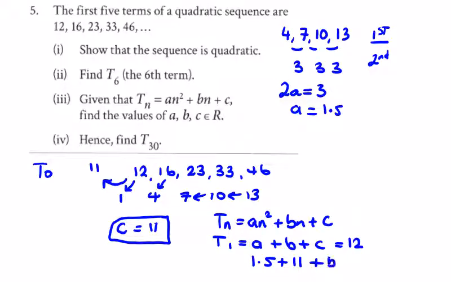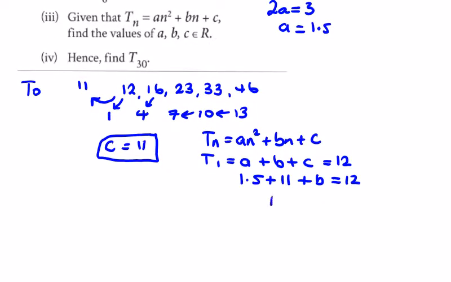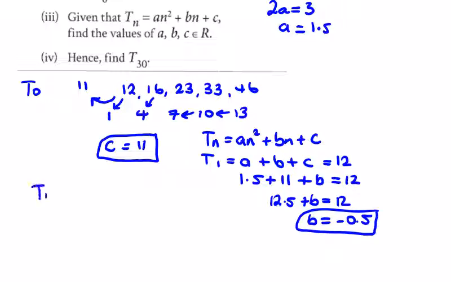So b, we're going to have to take away a half. 12.5 plus b is equal to 12. So b is equal to minus 0.5. So we have our sequence. Tn becomes 1.5 n squared minus 0.5 n plus 11.